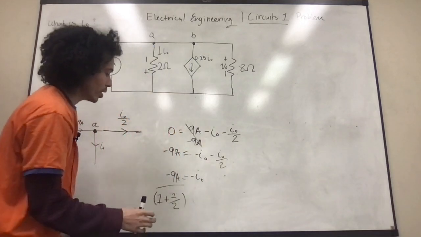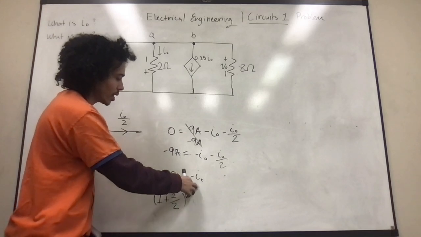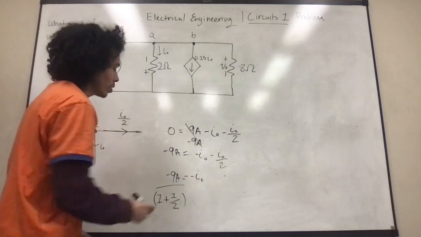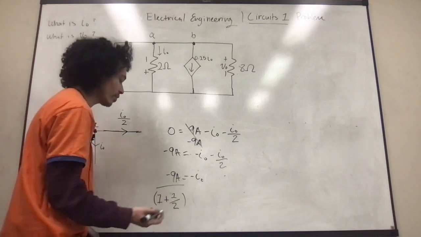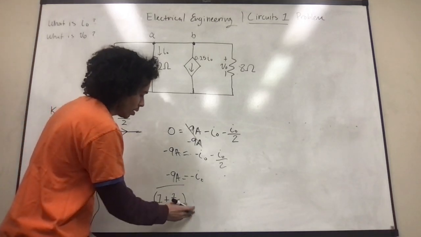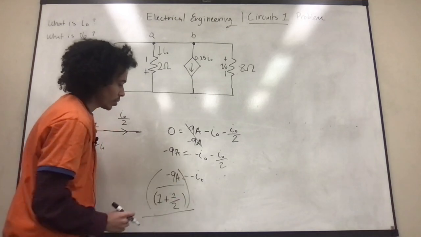And now we're purely left with just negative I naught. So the way we can get rid of this negative is by dividing it out as well. All right, we have an entire expression there.